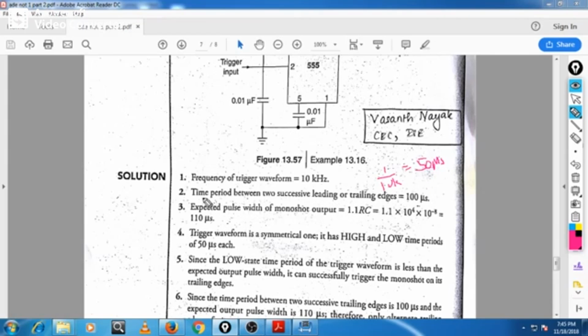So now the total time period between two successive leading or trailing edges is 50 plus 50, that is nothing but 100 microsecond.